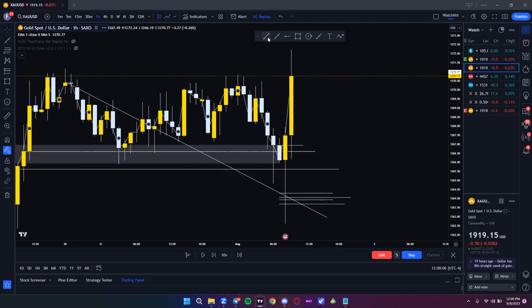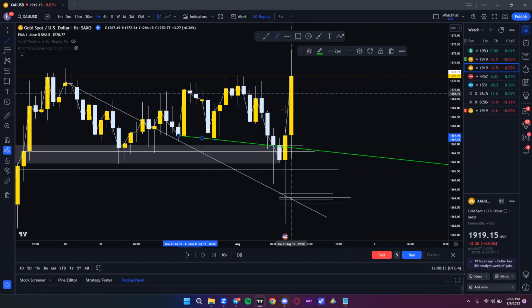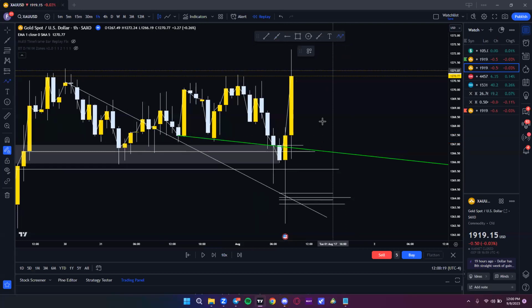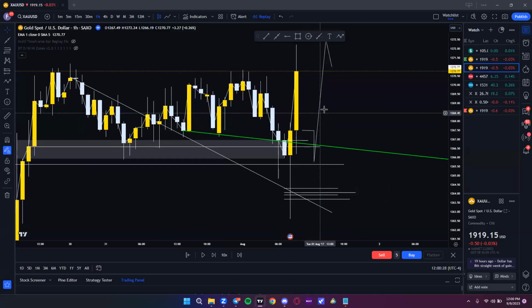Let's see if there's a cleaner one. Yeah, right here. Right there. You see that, okay, price broke out. It opens. If I'm bullish, price needs to open, low, high, and close. That's what happens.